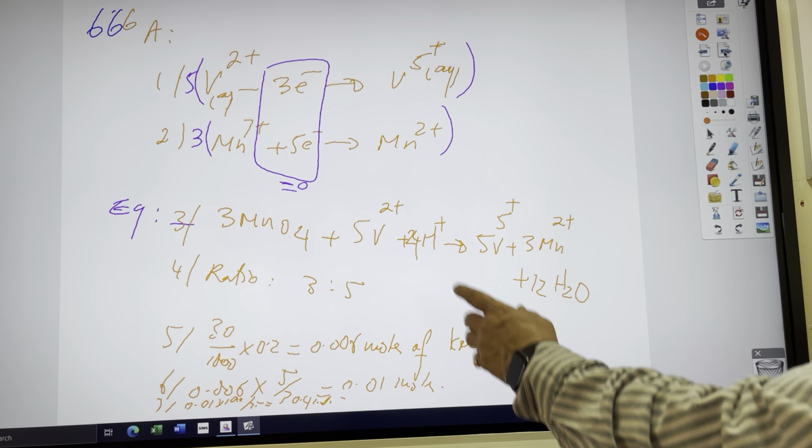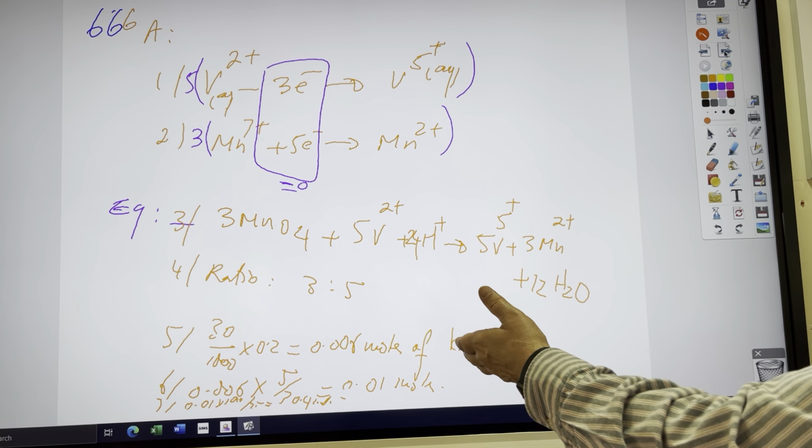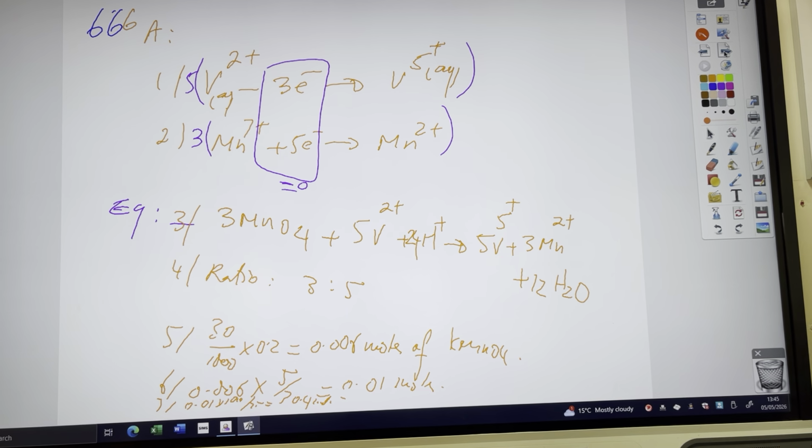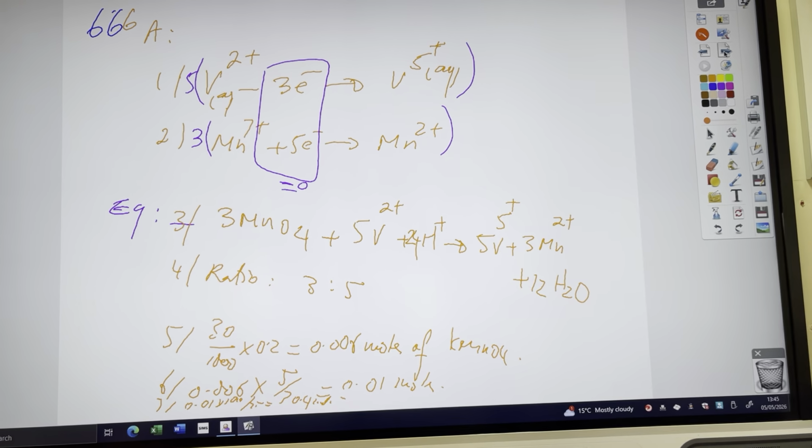And then you realize every 3 moles of permanganate reacts with 5 moles of vanadium. You know how many moles of permanganate you've used. You multiply it by the ratio, multiply by 5 over 3.